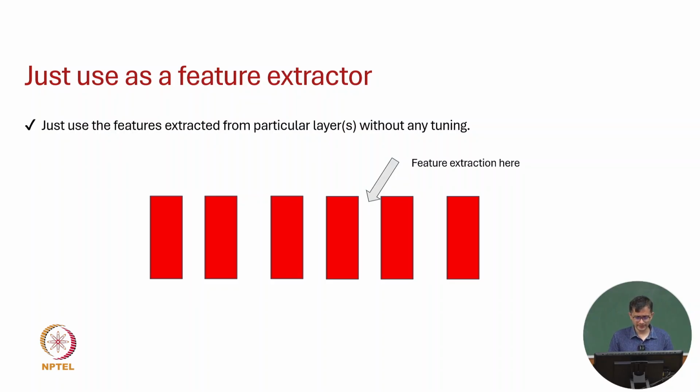This is a simplified diagram, and we have, let's say, some 6 layers, right? The question arises, should we extract the features here after 4 layers, or let's say we would extract feature here, let's say after 2 layers.